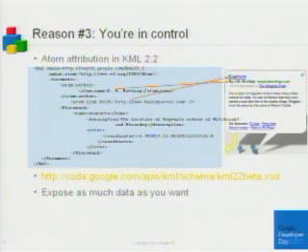So that's one. And this is new. It's in the KML 2.2 beta schema, which is available starting yesterday for all of you to browse through and to prepare new KMLs. This is a beta, but we promise to respect those atom attribution tags, and you can browse to this link and understand more. You can always choose how much data you want to expose in the KML description or in the GeoRSS description.